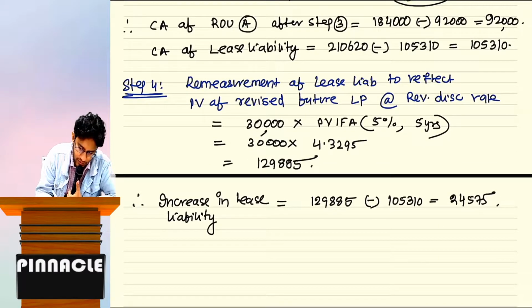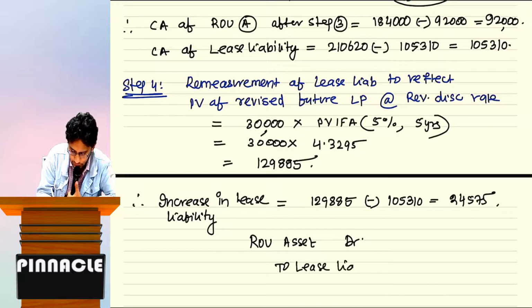Write the entry, that's it. Entry will be: ROU asset account debit to lease liability.